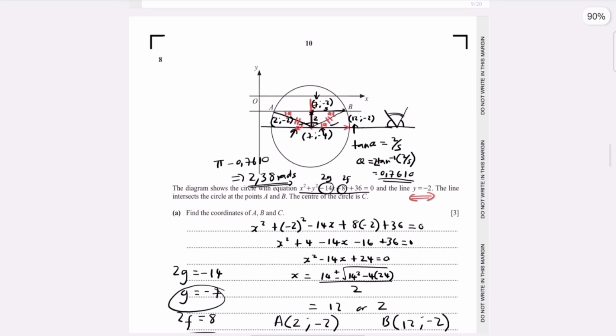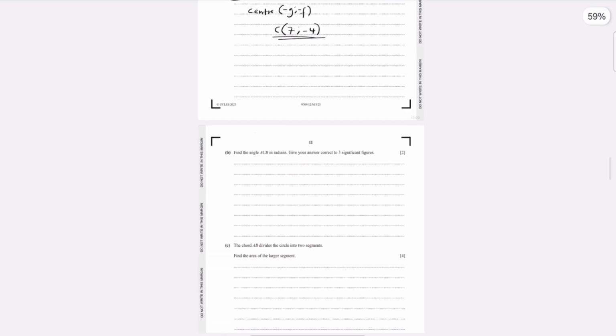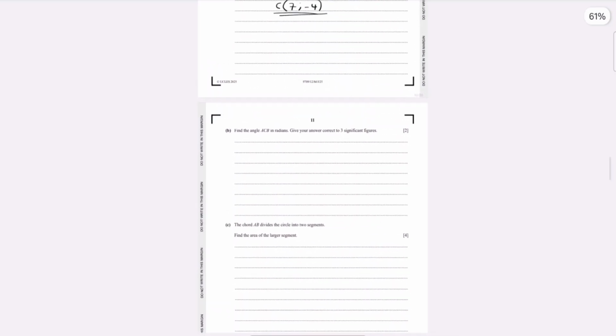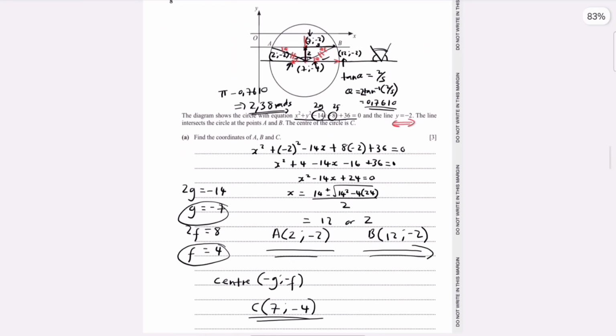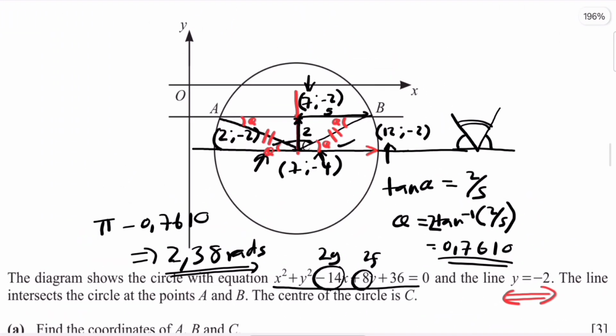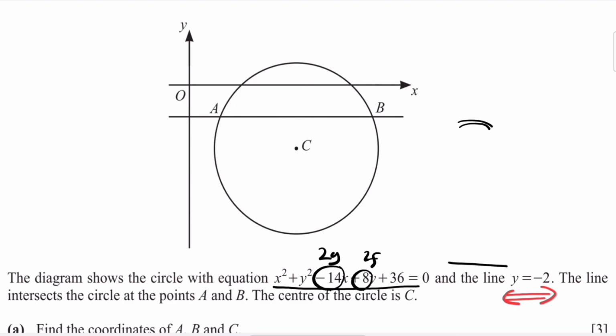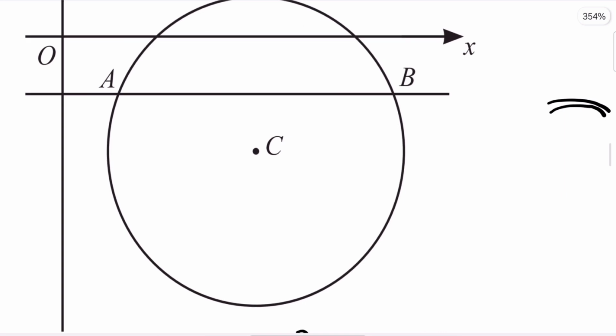Or for the second method, we can say it's ACB, like this.